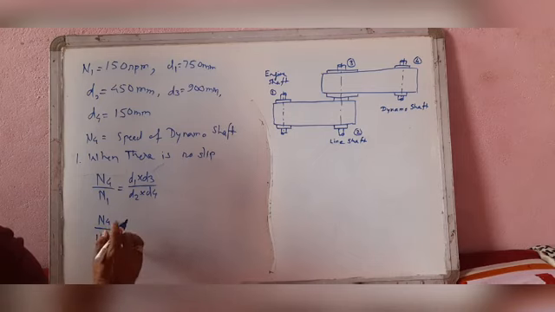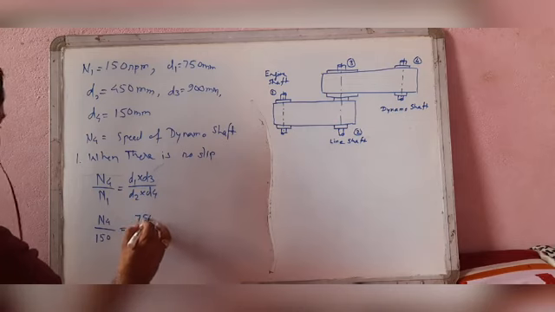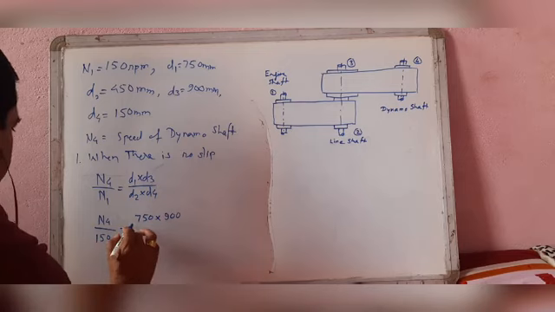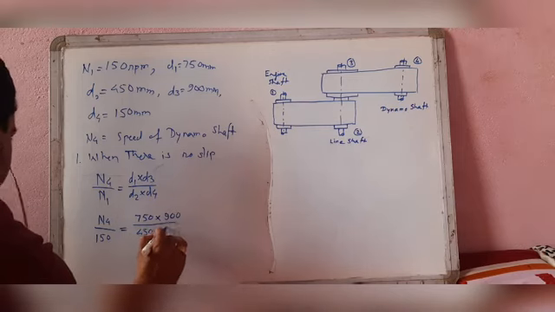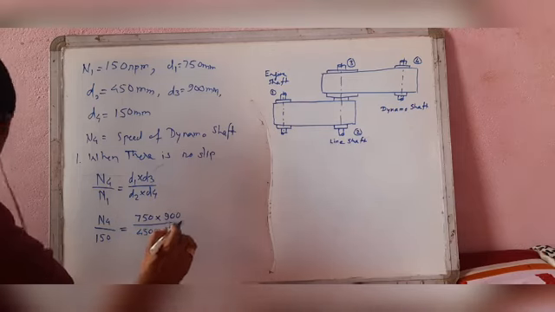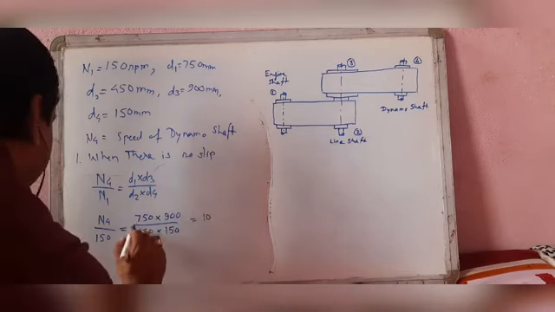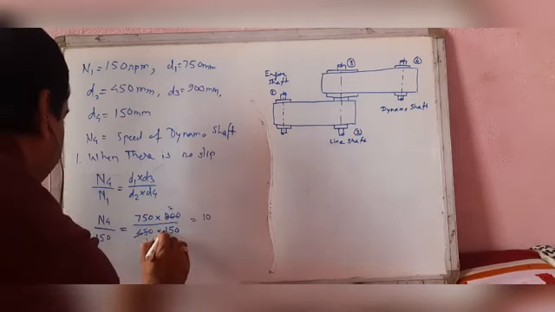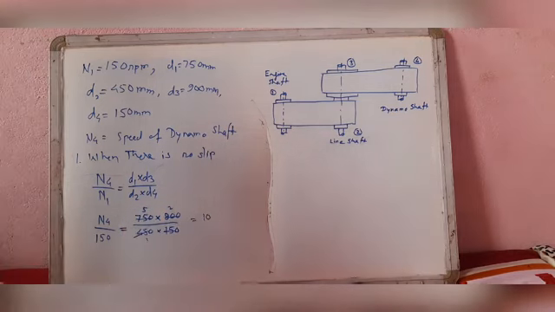Now putting the values, N4 by N1 is equal to 750 into 900 by 450 into 150, that is equal to 10. 450 goes one time here, 2 times, and 150 goes 5 times, so 5 into 2 is 10.